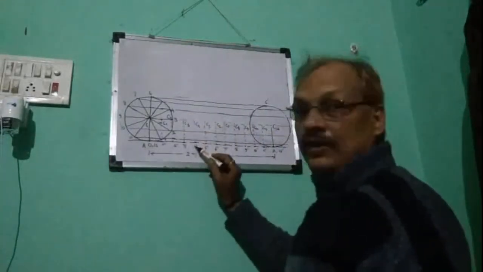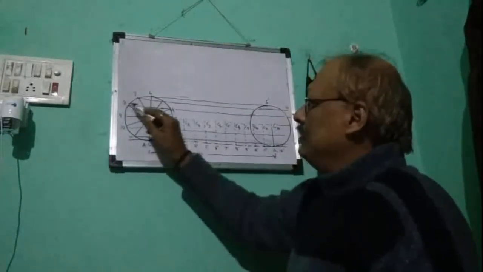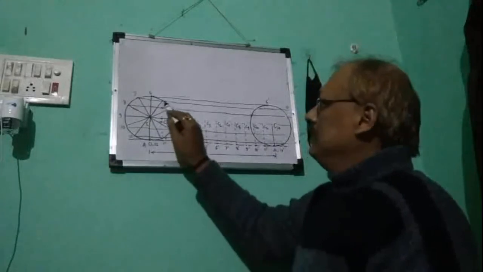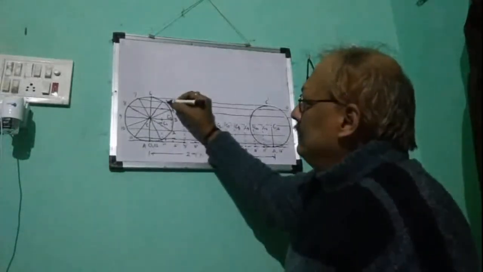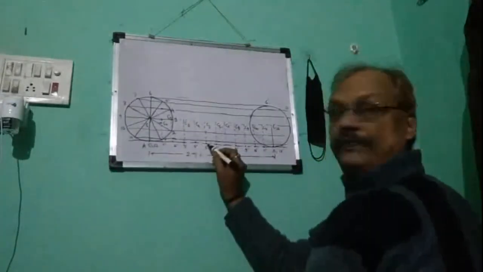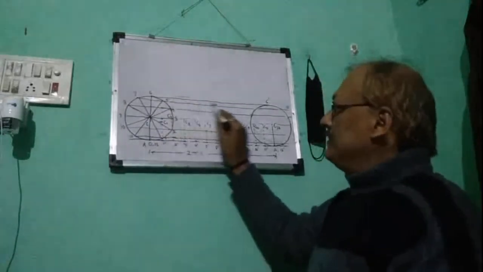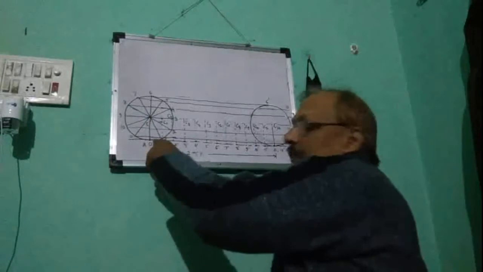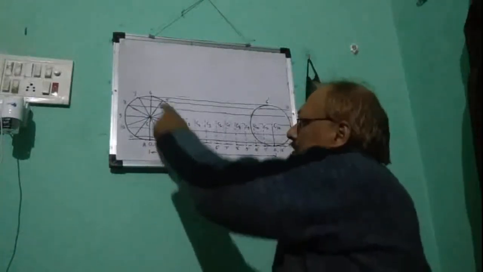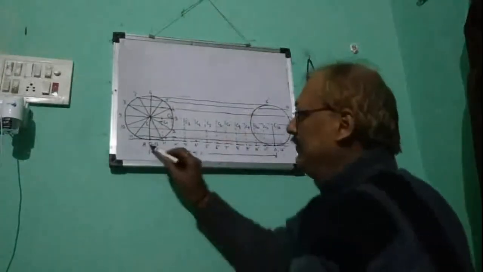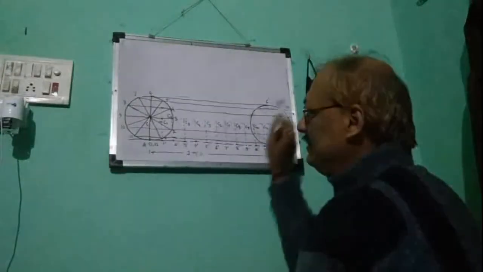When 4 will fall on 4 dash, then A will reach this line through 4. And when 5 will fall on 5 dash, then A will reach the line through 5. And when 6 will fall on 6 dash on rolling, then A will reach this line.